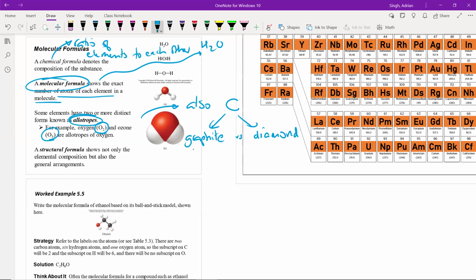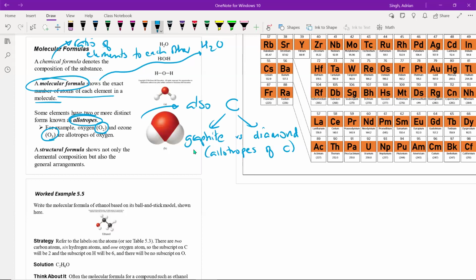Similarly, you wouldn't want a diamond ring or a ring made out of graphite. Well, maybe you would, I don't know. But they're very different, even though they're both made up of the same element, carbon. It has to do with how the atoms are connected to each other. So those are allotropes, here the allotropes of carbon. There are many other allotropes of carbon. These are just the 2 most common ones.